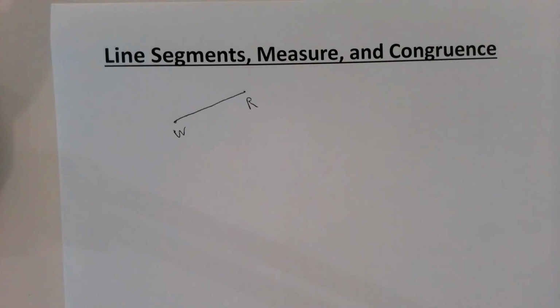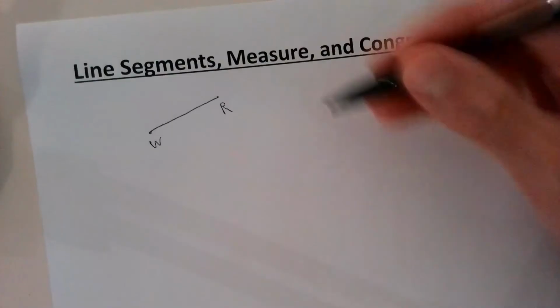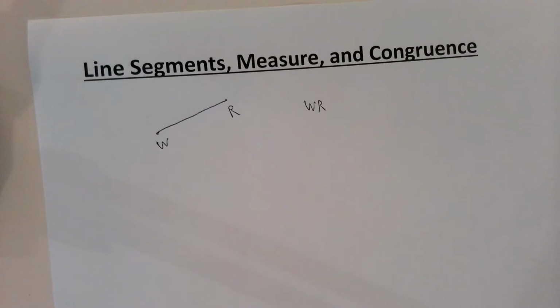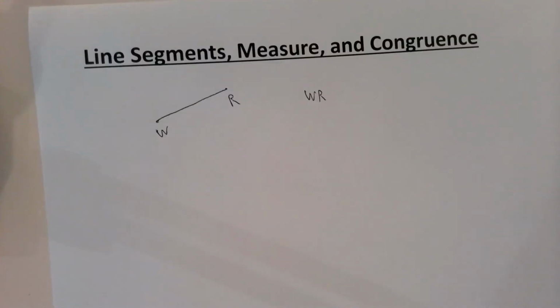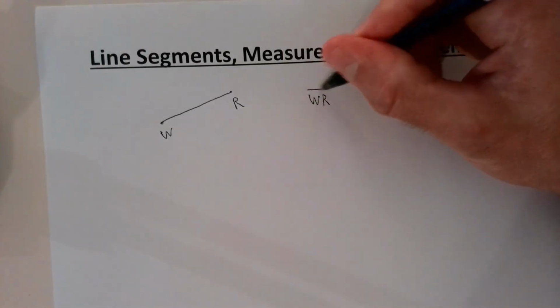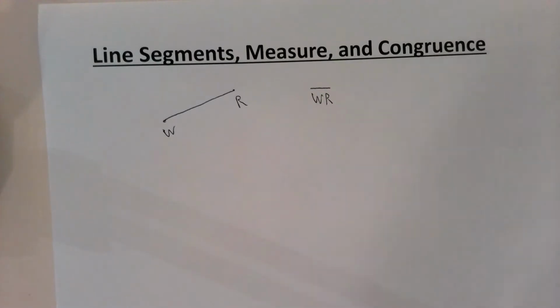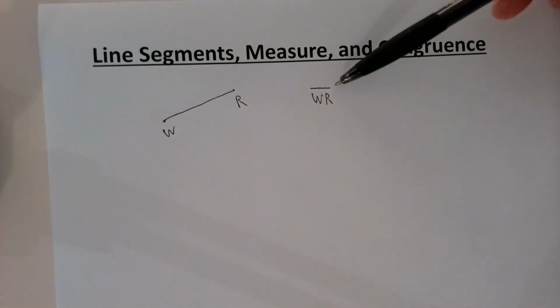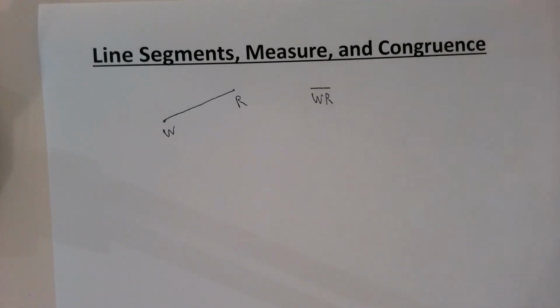Last time we named lines, so now we want to name a segment. For this segment, we're going to use the endpoints, and instead of putting that line symbol, you can probably guess we're going to put a segment symbol. I know it seems kind of silly to have a different kind of object based on two little arrows, but it's really important that we get that down.